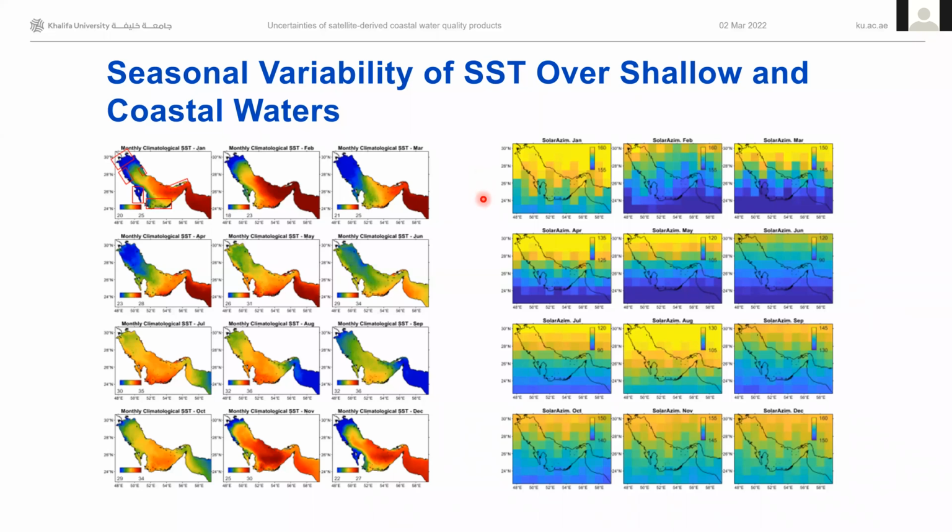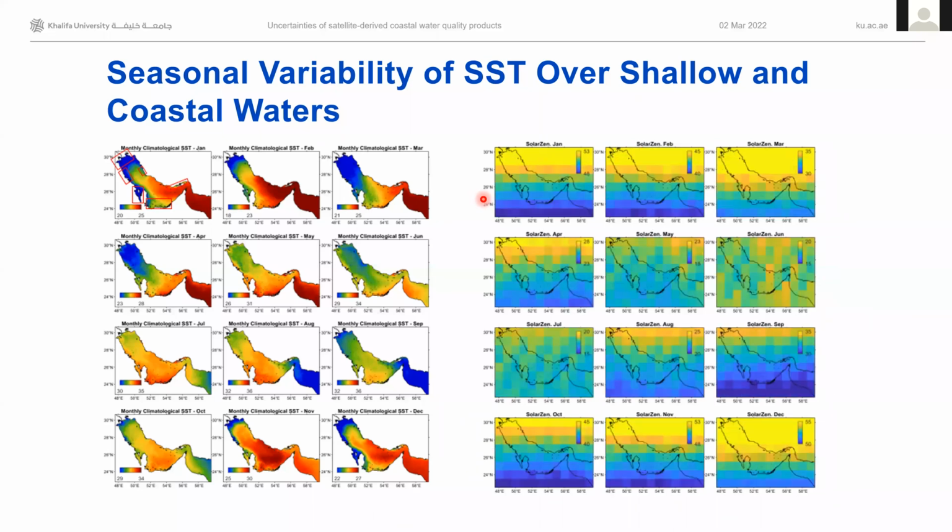This could be the case, but if we look at the zenith angle, we can see a higher correlation between the solar zenith angle and the SST. For example, here the solar zenith angle is around 48 at the south and 53 at the north, and you can see the distinct variability from the south to the north, which is consistent with the changes of the sea surface temperature from the south to the north.